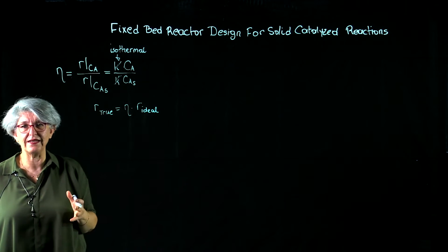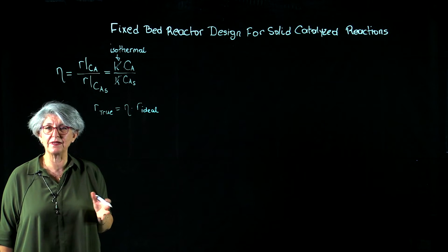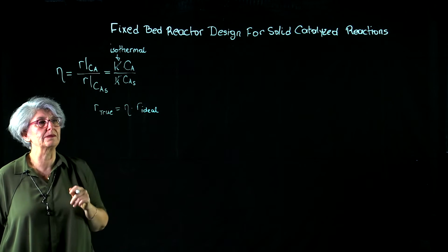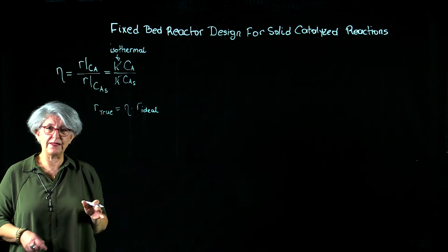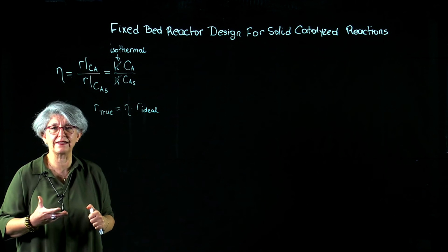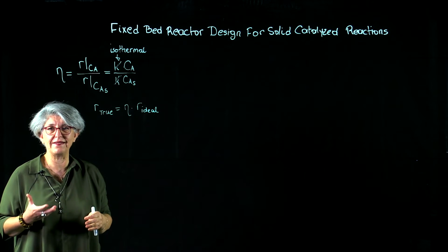What is the idealized rate? Uniformities in temperature and concentration: k times Ca. So this is a very convenient way of designing a reactor.